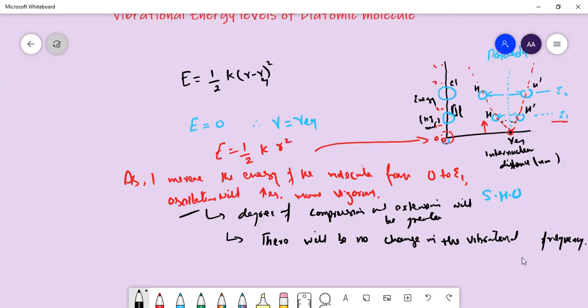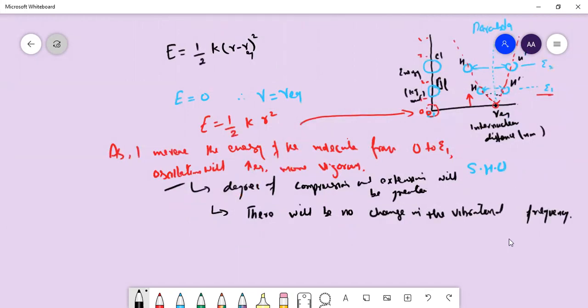So the oscillation will change as the energy of this molecule changes, but the vibrational frequency remains the same for any molecule. So if I further increase the energy of this molecule from 0 to E2, then the oscillation, here meaning the compression and the elongation of the bond in this diatomic molecule, will increase, but one thing remains the same, that is the vibrational frequency.